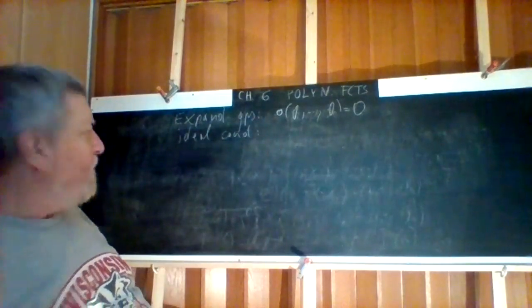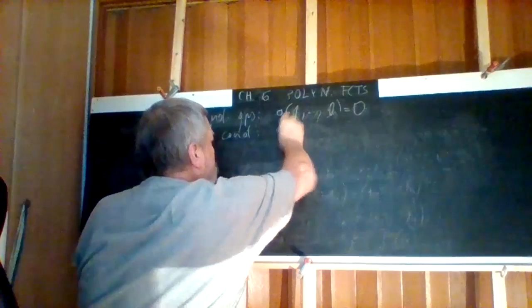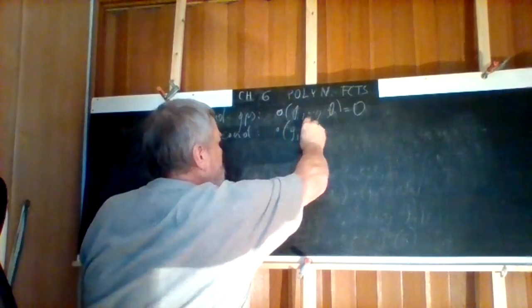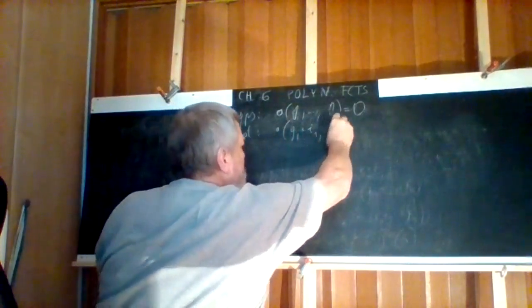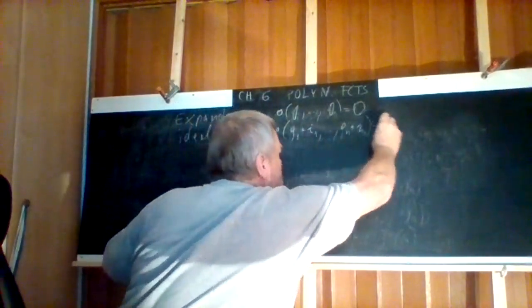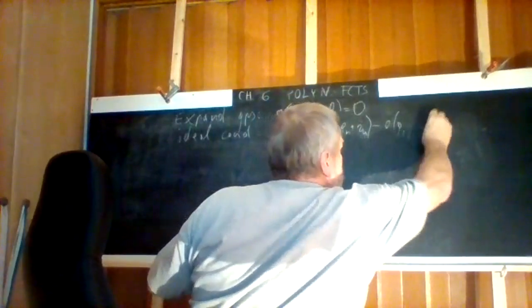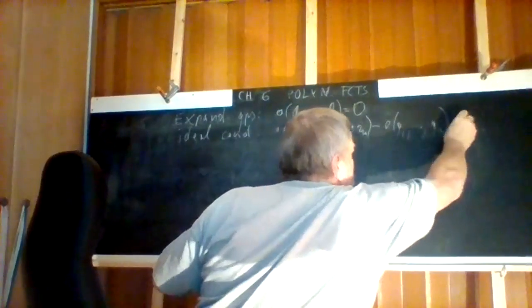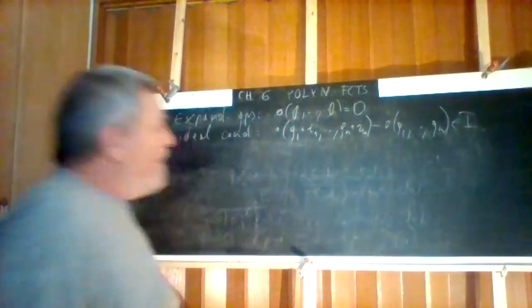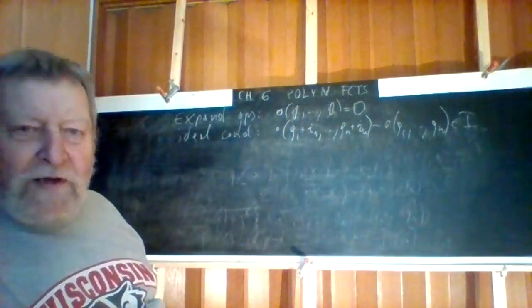And for all these operations, we get the property that the composition of g1 plus i1 up to gn plus in, minus the composition of g1 up to gn, must be in the ideal I again. And so you see that's a situation which is very, very similar to the nearring case.